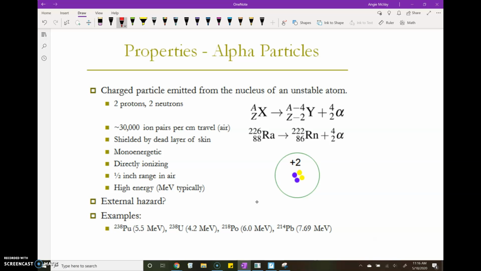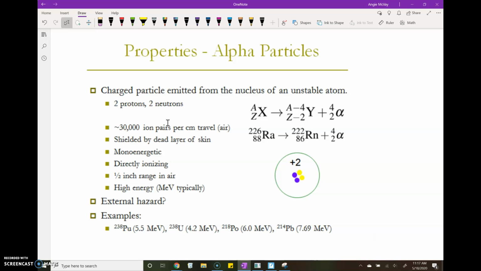We're using generic abbreviations, with the parent nucleus abbreviated as X and the daughter nucleus abbreviated as Y. If you take the mass number and the atomic number of the parent, subtract 4 from the mass number and 2 from the atomic number because of this alpha particle, you'll get the atomic and mass numbers for the daughter nucleus.